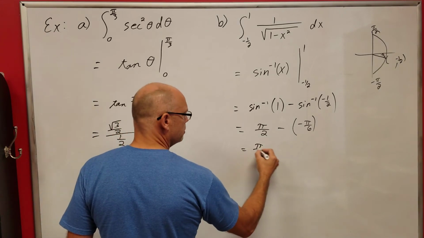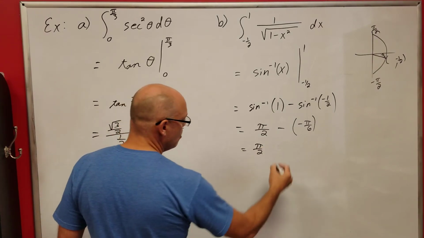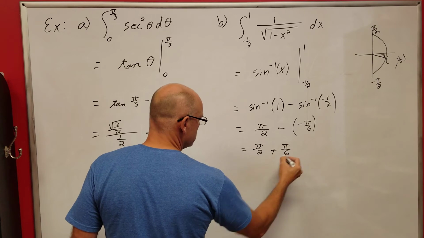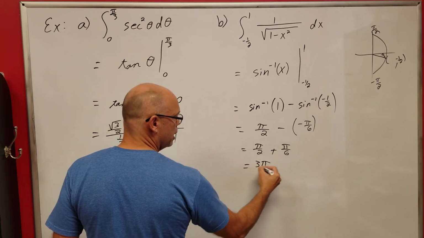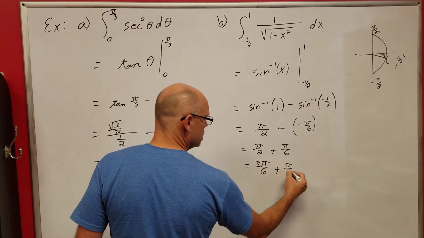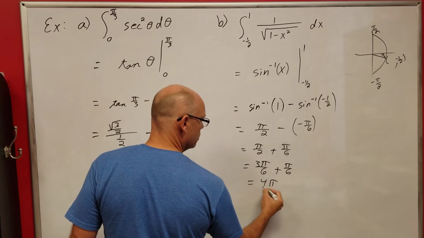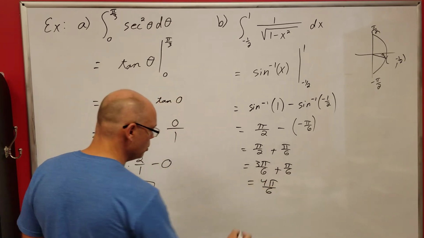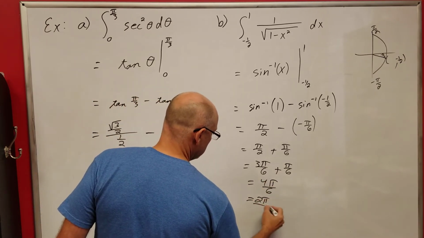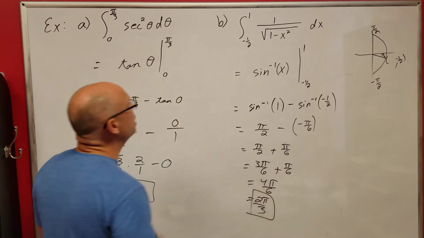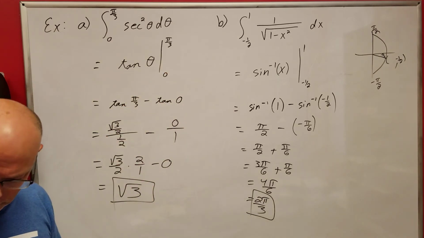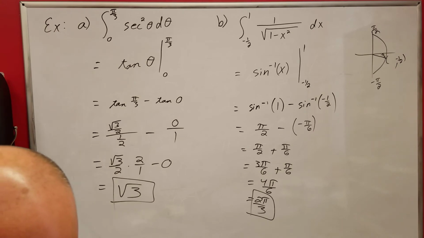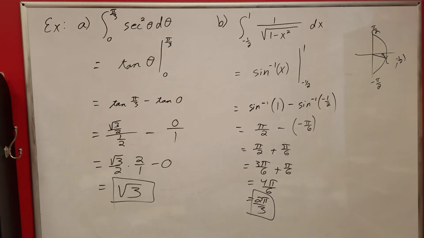So I have pi/2 plus pi/6, or I could say 3pi/6 plus pi/6, and that gives me 4pi/6, but I could do better than that and call it 2pi/3. Not pretty, but it is the answer to that integration problem up there, okay? 2pi/3.